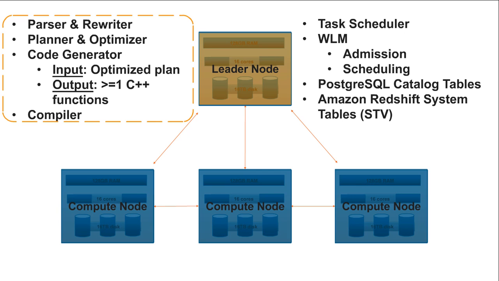It gets things like the cardinality of the column and samples a bit of data about it, and that allows the optimizer to pick the correct, or hopefully the correct, plan to get the results as fast as possible. We then pass that through to a code generator, which generates a bunch of C++ code, and we send that down to the compute nodes. Every compute node will then execute that C++ code and send up the results.